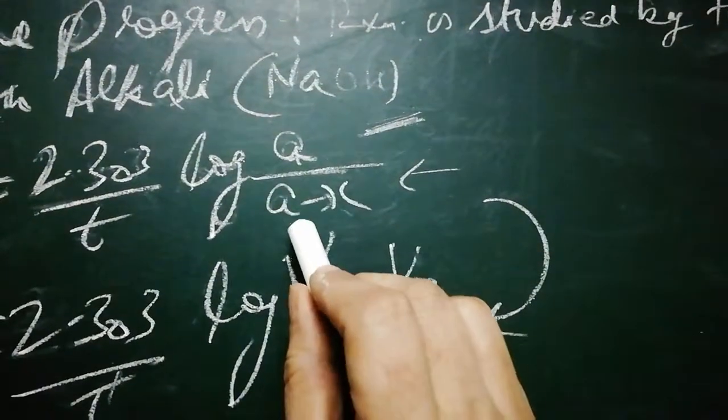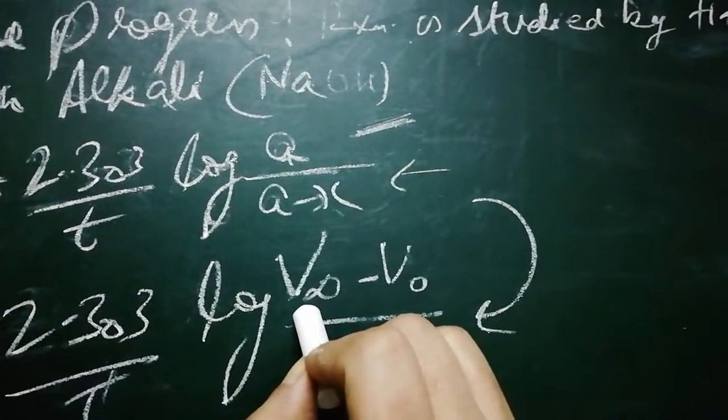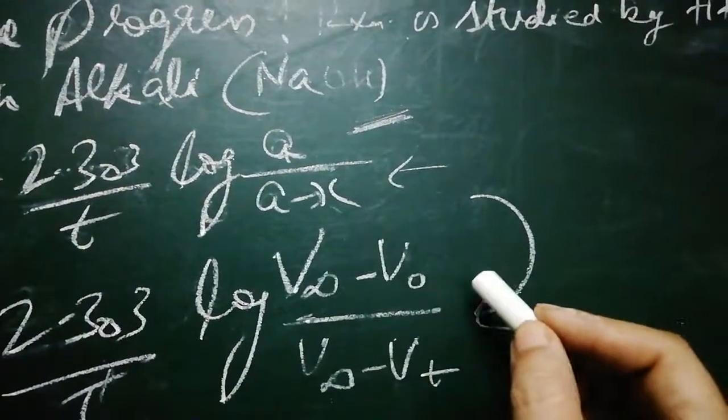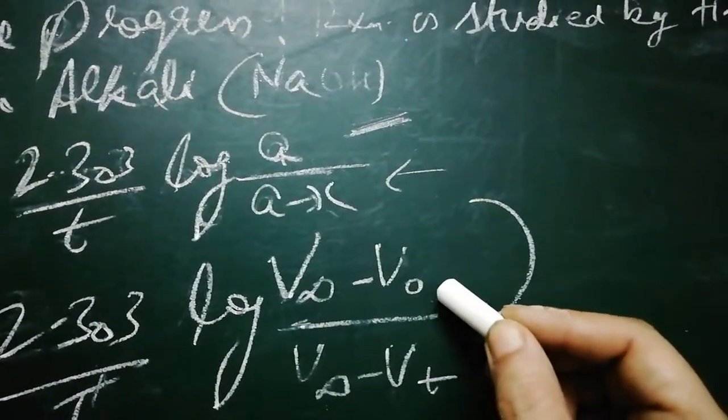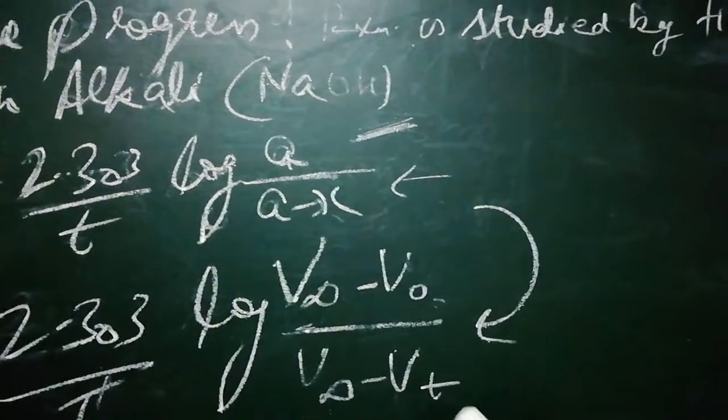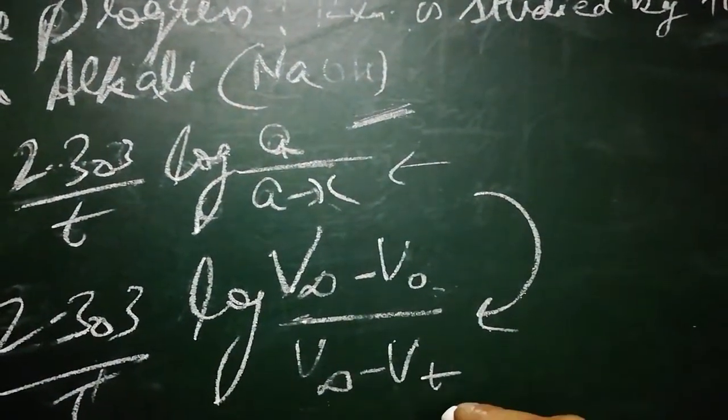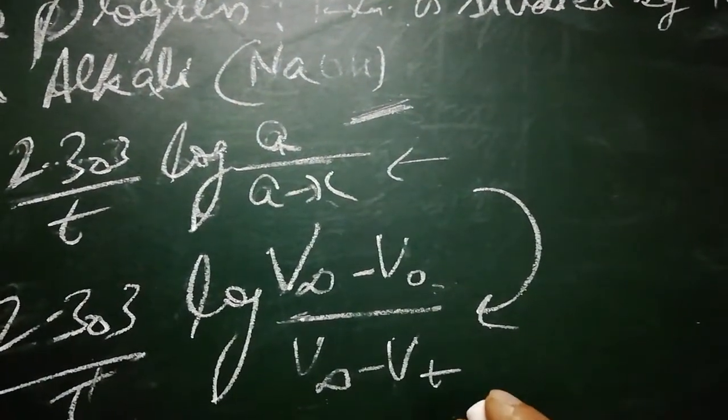V infinity is the volume of alkali used at the end of the reaction, at the completion of the reaction. V naught is the volume of alkali used at the start of the reaction, and Vt is the volume of alkali used at any instant of time t.